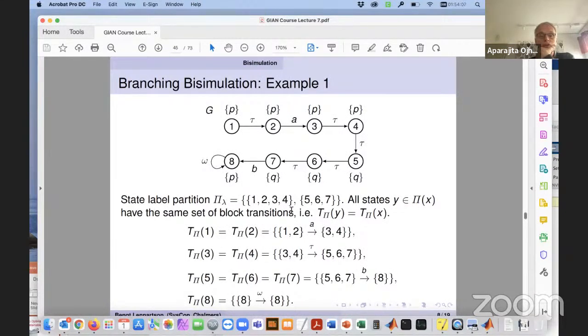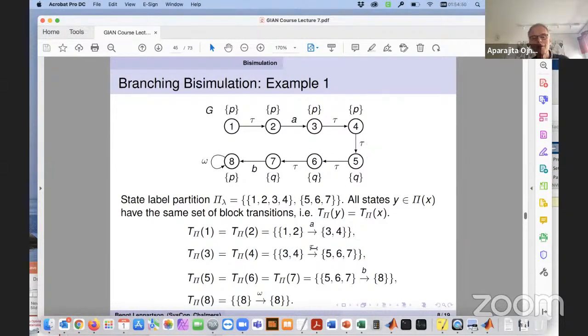In this case, we could also confirm that these block transitions, within this block with an A transition from 1, 2 to 3, 4, are the same for 1 and 2, and for 3, 4 you have the same transition to another block, including 5, 6, 7. In this case, because they have different state labels, although they have a tau transition in between.